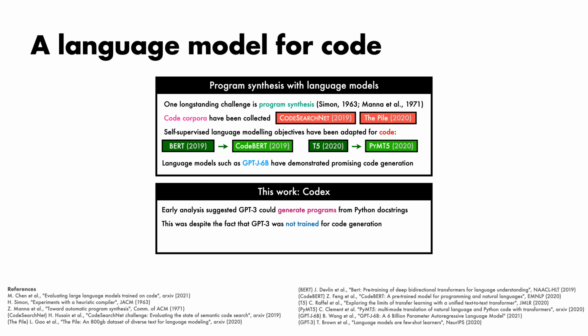With the large number of public code repositories and the strong results achieved by language models in other modalities, the core hypothesis underpinning this work was that specializing a GPT-style language model for coding could produce strong results across a range of coding tasks.